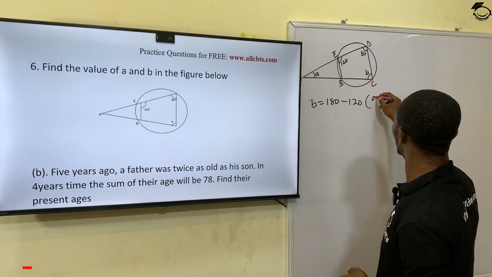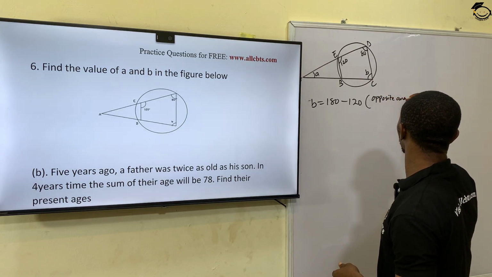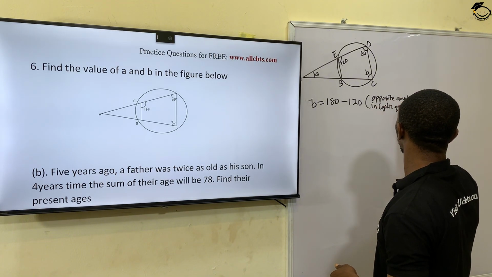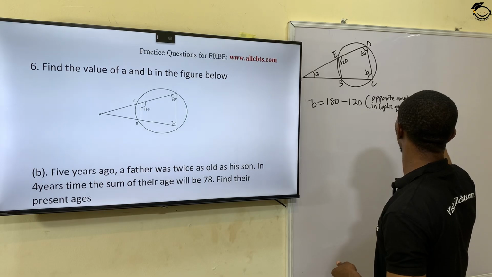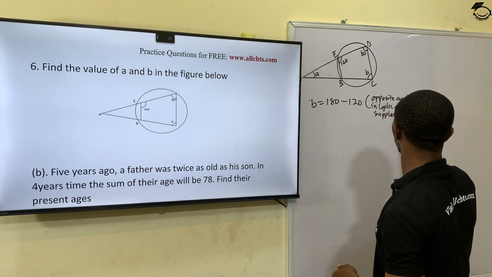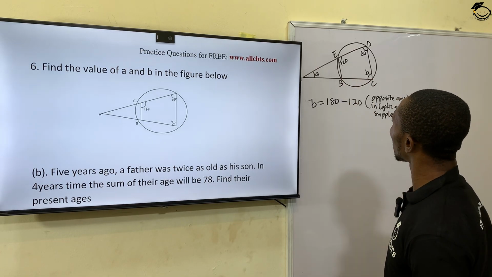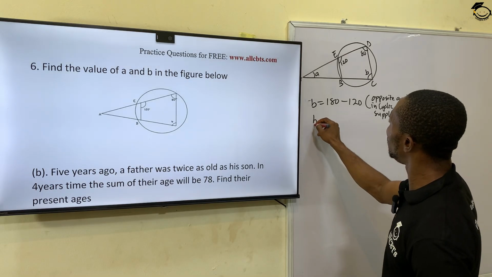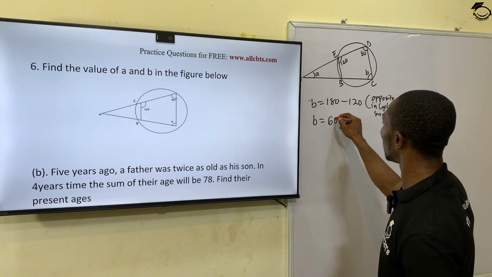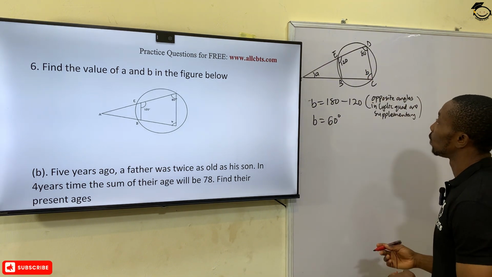Reason: opposite angles in cyclic quadrilaterals are supplementary. Okay, now since opposite angles in a cyclic quadrilateral are supplementary, our B would be 180 minus 120, which will give us 60 degrees. Now the value of B will be 60 degrees.